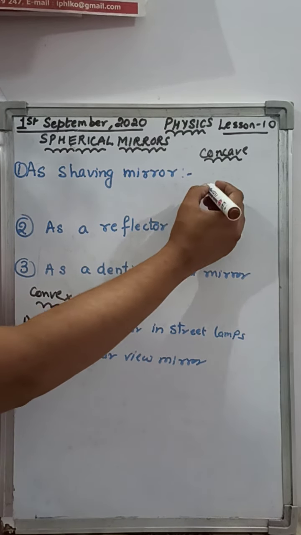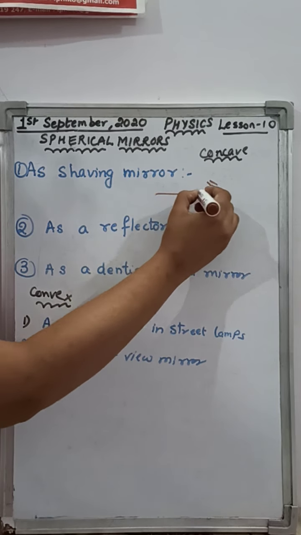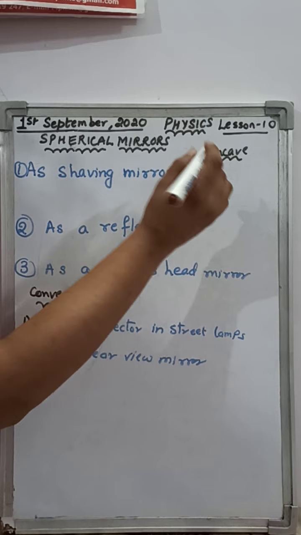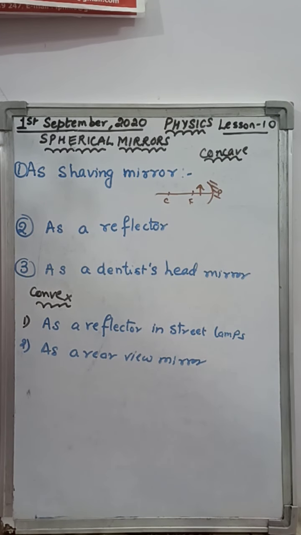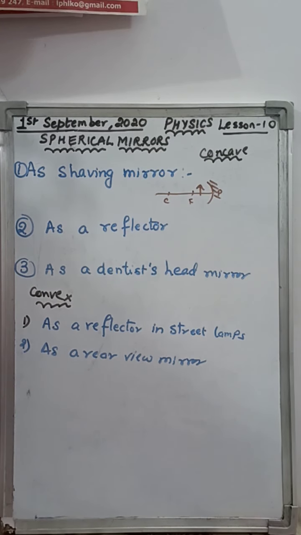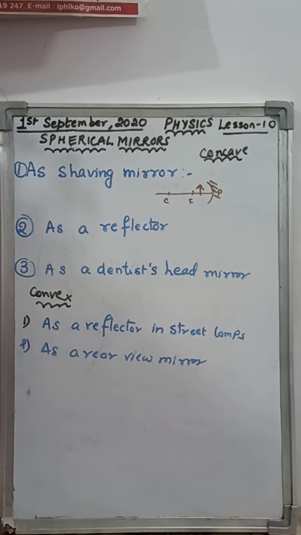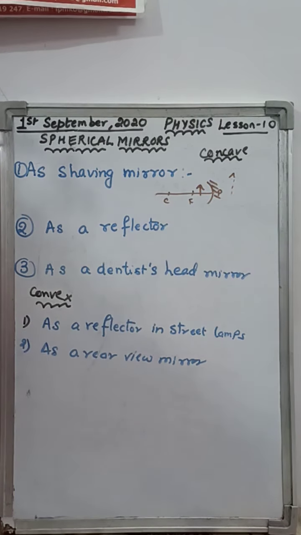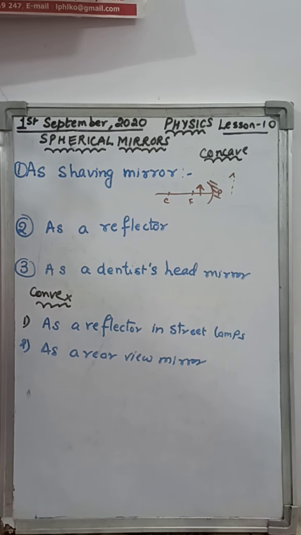That means the object is placed between F and P. If you remember the ray diagram, when the object is placed between F and P, the image is magnified and upright, meaning erect. This position is used so that tiny hairs on the face can be seen very easily.